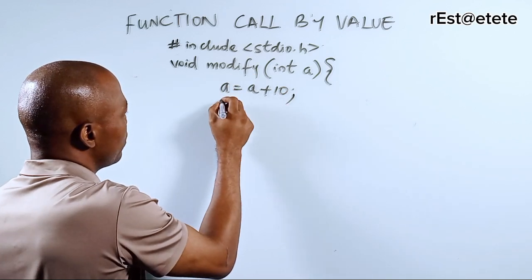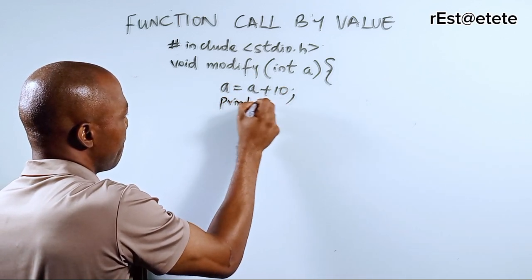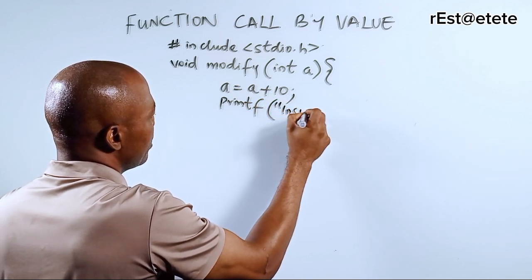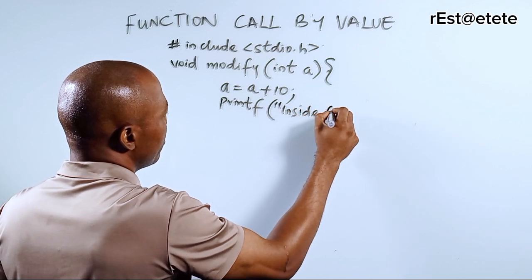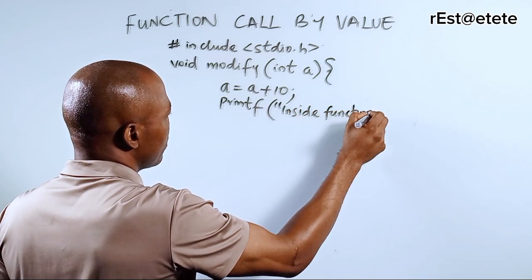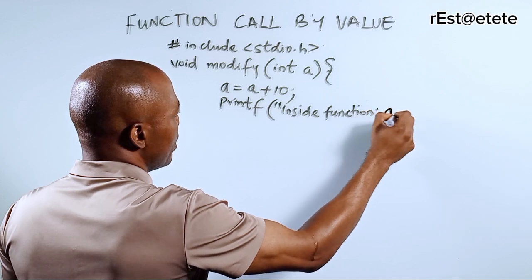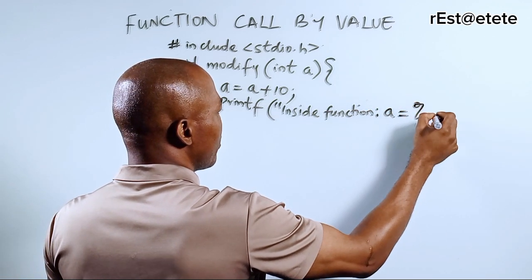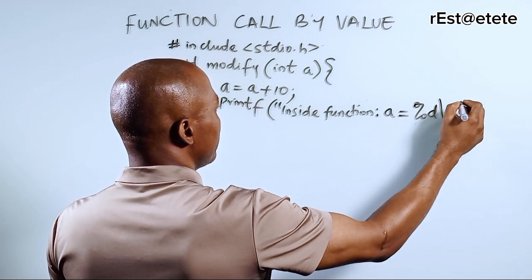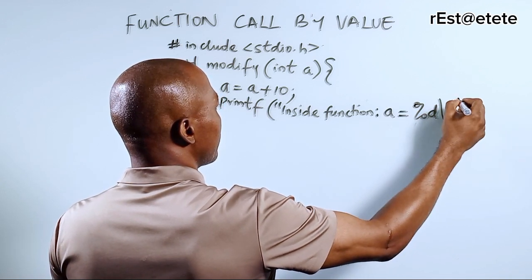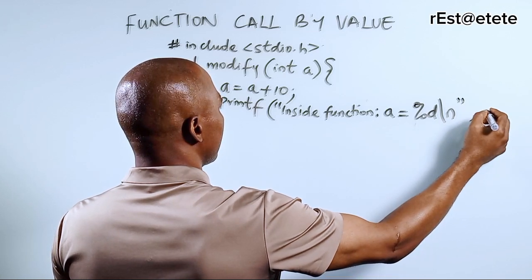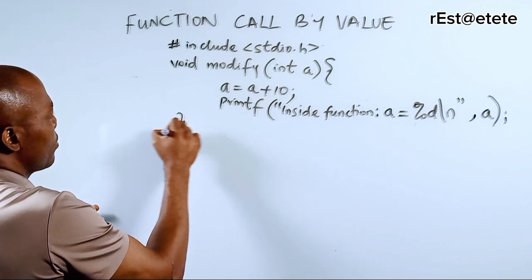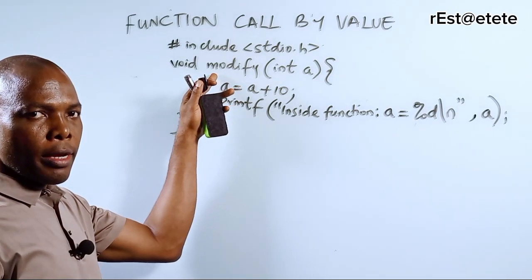Then inside this function, I will say printf, inside function a equals, format specifier, and then this a. Then I'll close this. So this is my function.